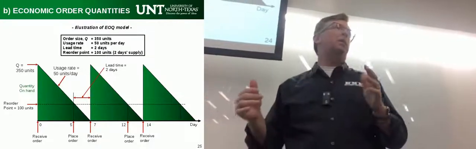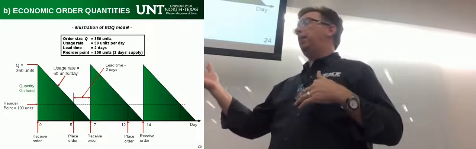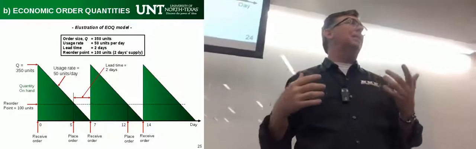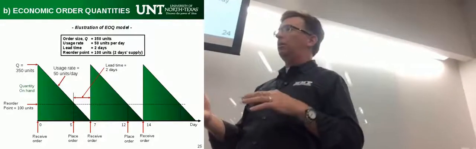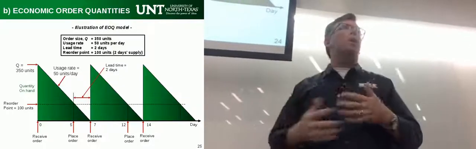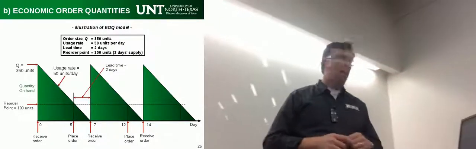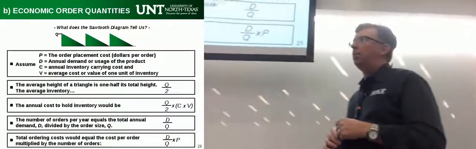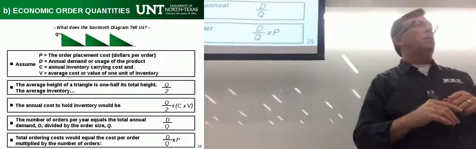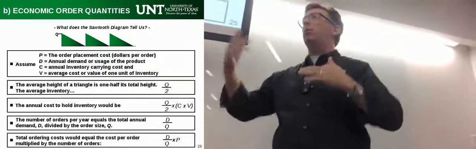What happens if my demand is bigger than I thought, or my lead time is slower than I thought? That really messes with our model, and we have to build some parameters around that. But knowing that's the theoretical model, we can build some theoretical frameworks around it.